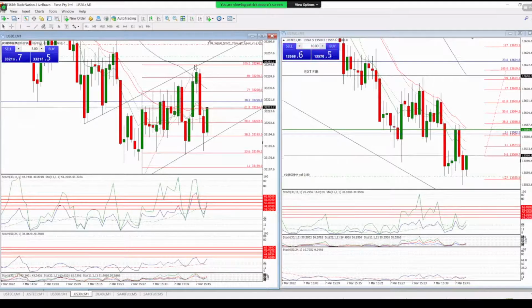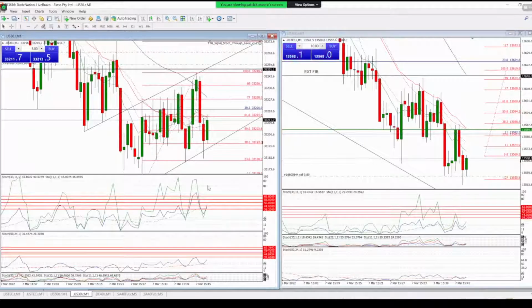I did, it was so close. Once I make my story gray, it becomes black very soon. I've got stochastic up through 50. I'm going to chase that from the Dow.